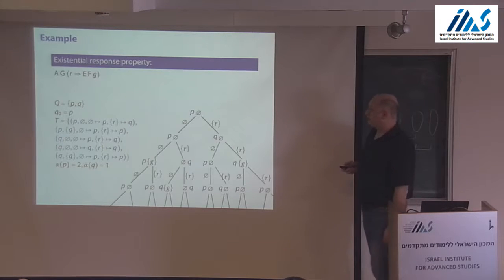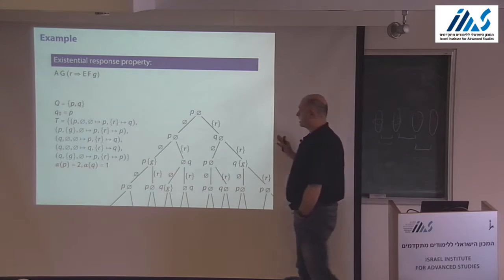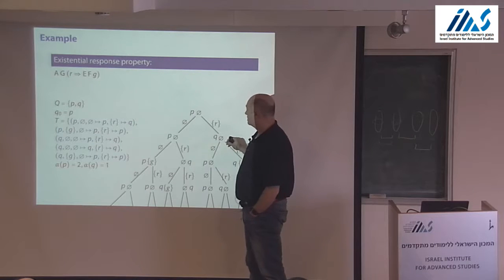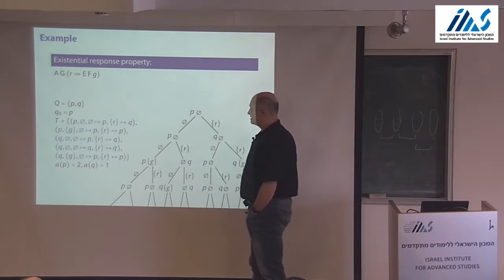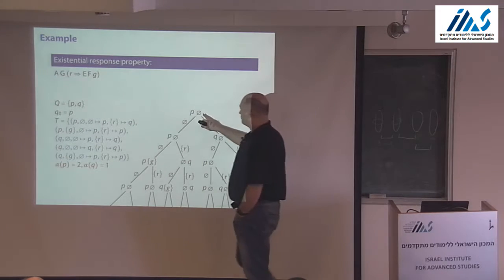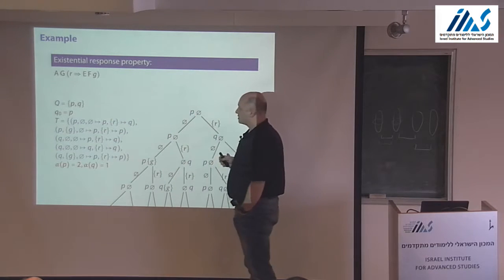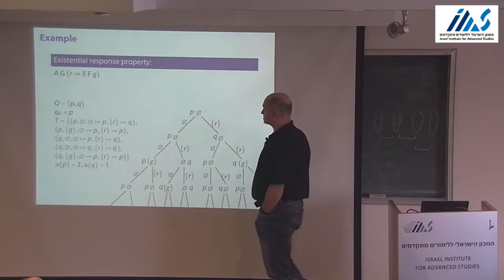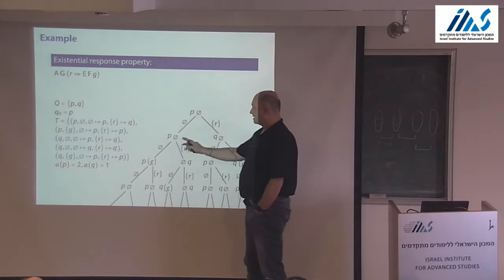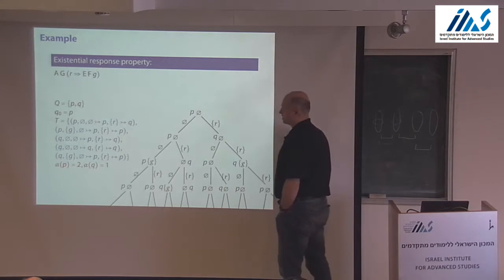Now, a tree automaton works by annotating the tree with states. So we start by labeling the root with the initial state, and then we always apply one of the available transitions to determine the labels of the child nodes.